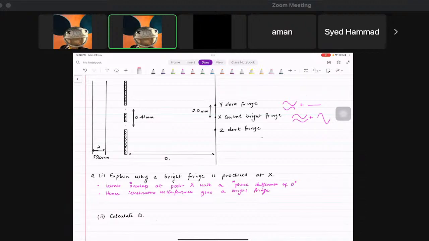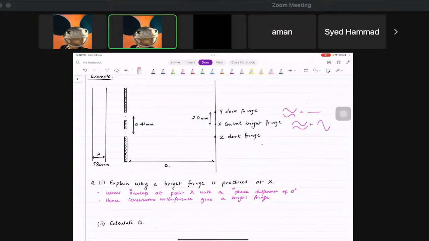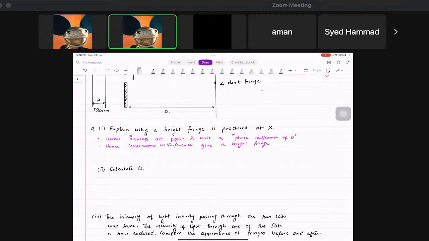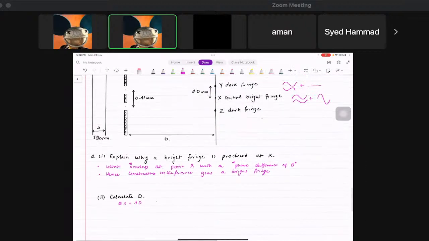Okay. Now it says calculate D. The only formula that I have for double slit is ax equals lambda D. Now a is 0.41, so I'm going to change it to meters.